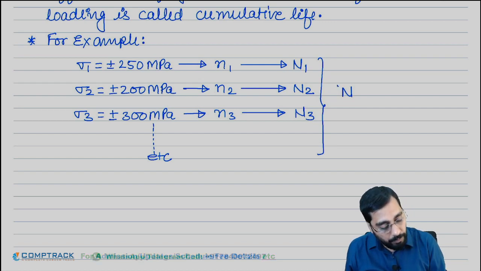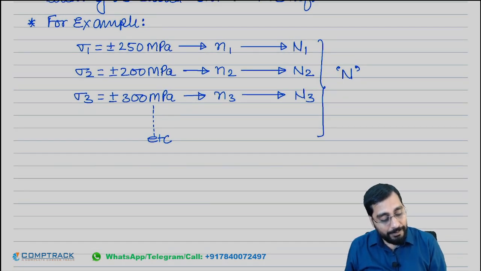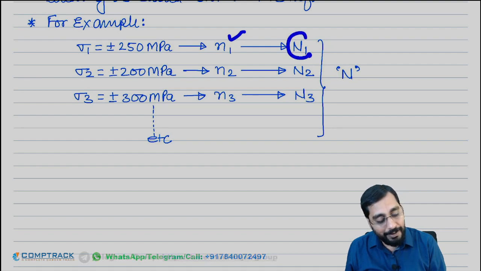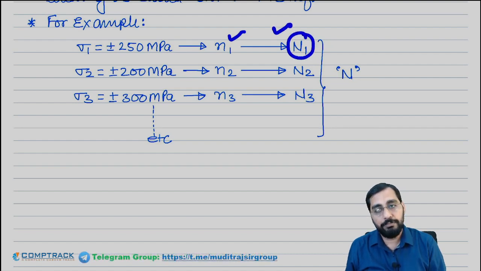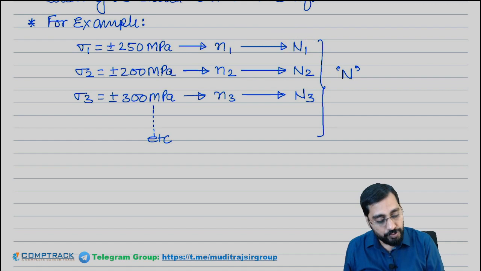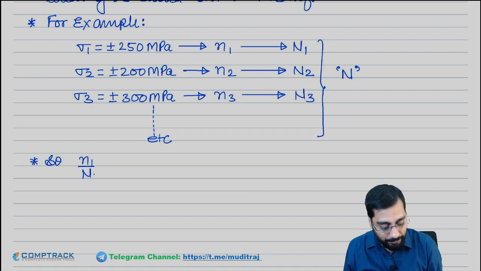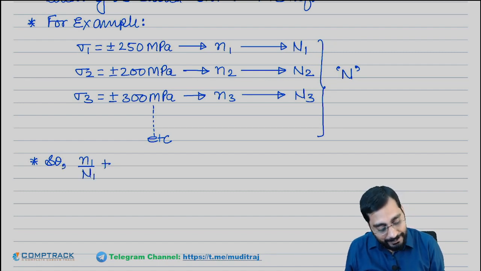Now, this small n1 is only a part of capital N1. Yes or no? So small n1 by capital N1 will be a fraction. The second fraction will be small n2 by capital N2.